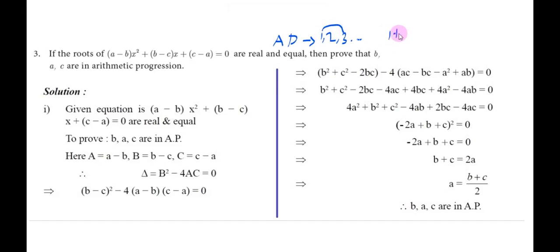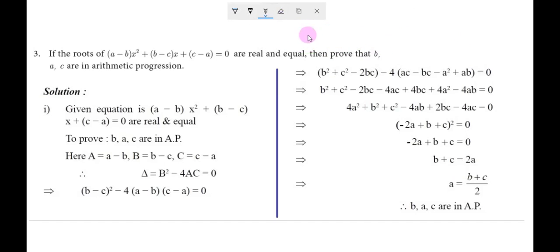Add 1 plus 3 and divide by 2, so 4 by 2, which is 2. When we add the first and last term and divide by 2, if we get the middle term, the given expression is in arithmetic progression. Now we get 2, the middle value is also 2, both are the same. So it is arithmetic progression.